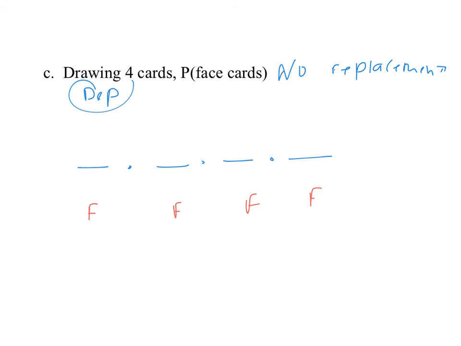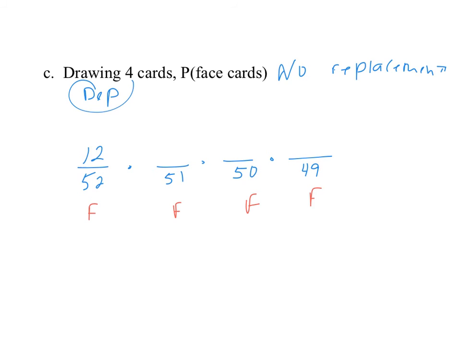We start with a total of 52, and then since we're not replacing, each draw is down by 1, so all our denominators are going to go down by 1, down by 1, down by 1. Your face cards are your queens, jacks, and kings. So we have 3 times 4. We start out with 12 face cards.